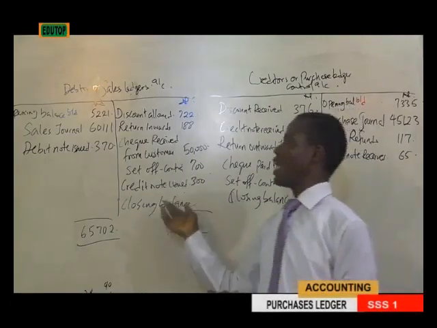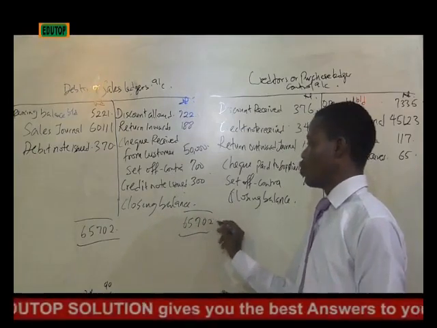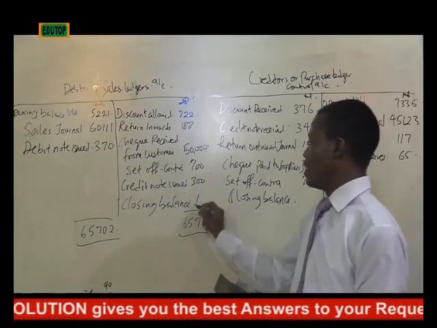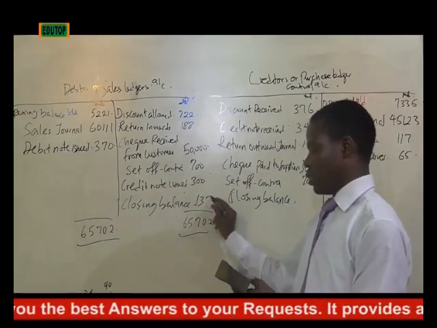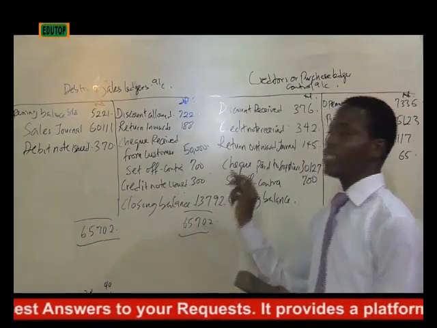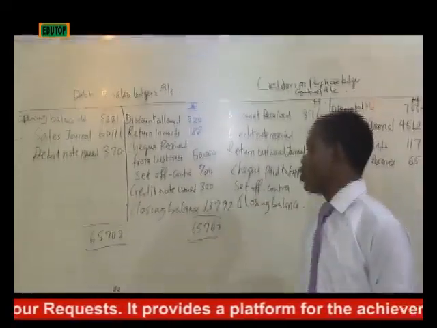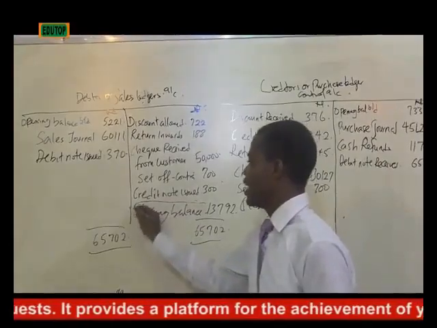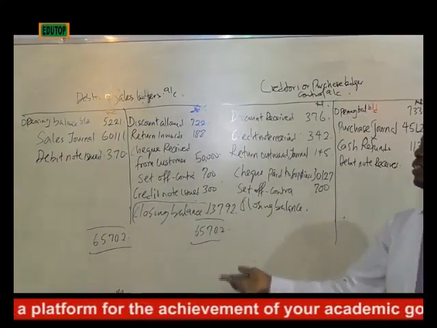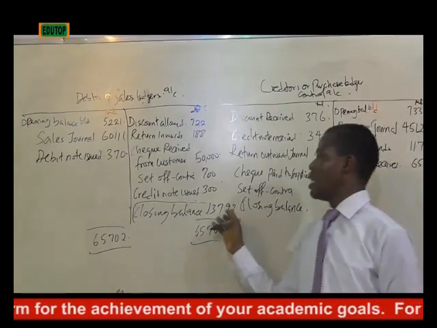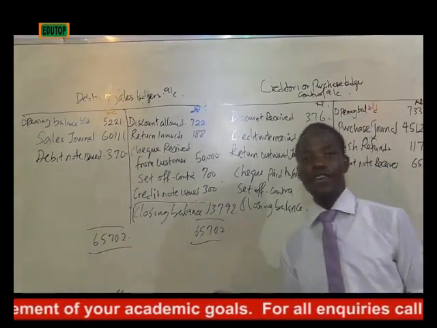So there is going to be a balance after adding all this. The difference between this side and this side is 13792. So at the end of the day, this is the closing debtor balance you have. This is the amount of the debtors that you have in figures.